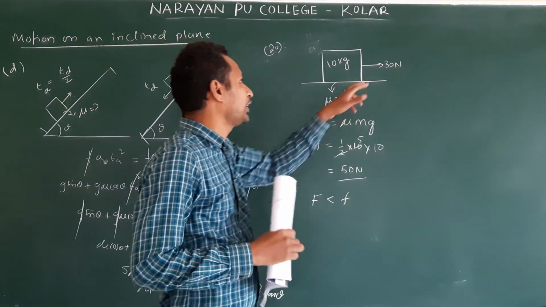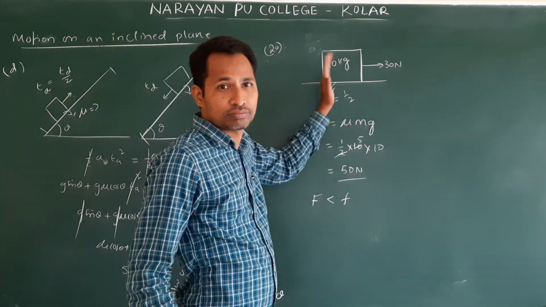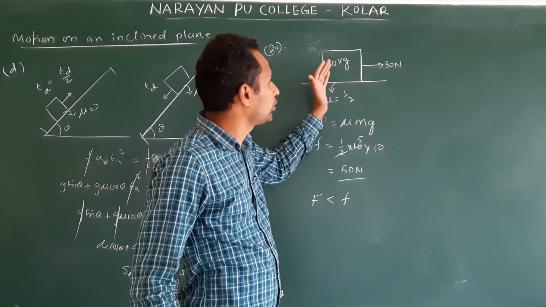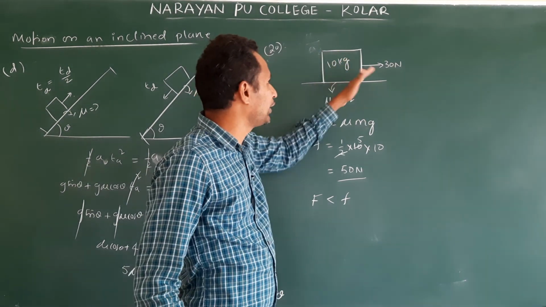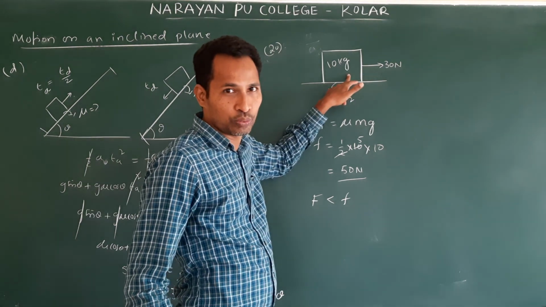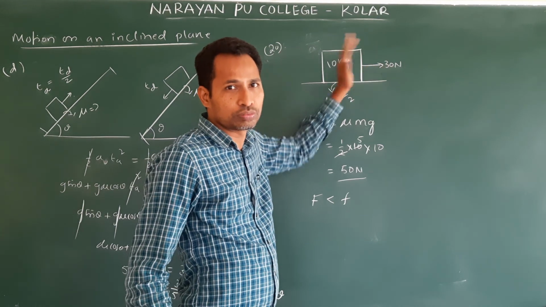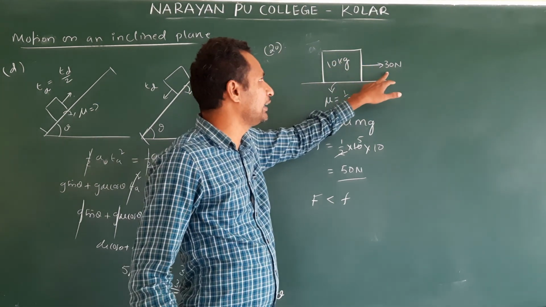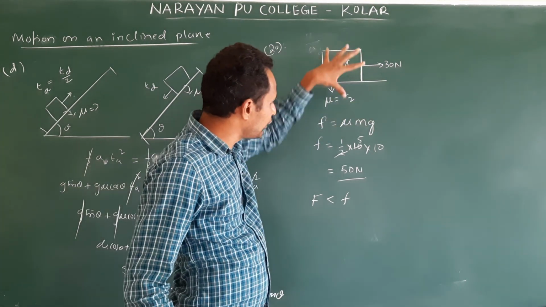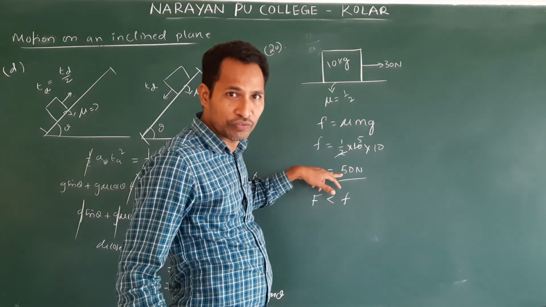If we apply 1 Newton, then friction also becomes 1 Newton, because when we apply 1 Newton the object will not move. What does it mean? Friction balances it. If we apply 2, the block still does not move. Until when? Until 50 Newton.